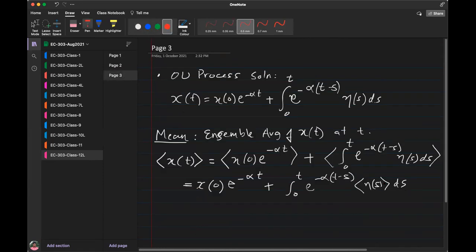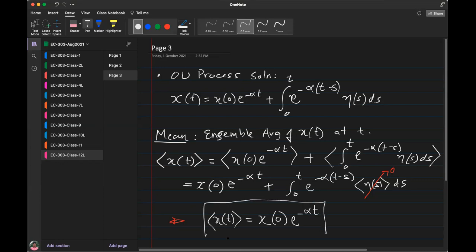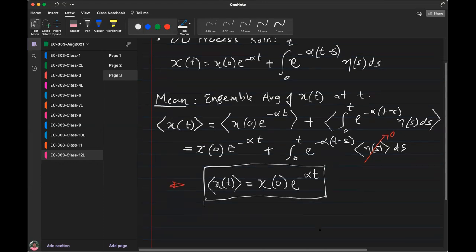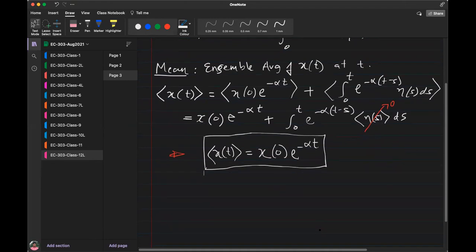So therefore, this term is 0. What you basically have is that the average of xt is given by the initial value you chose times e to the power minus alpha t. Is that clear to everyone? It means the average value itself decays exponentially with time.